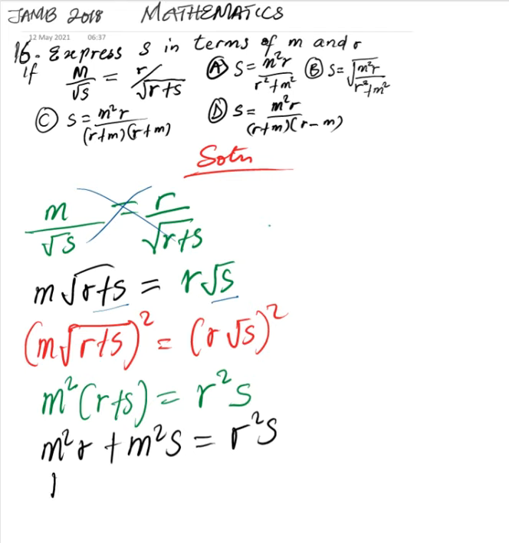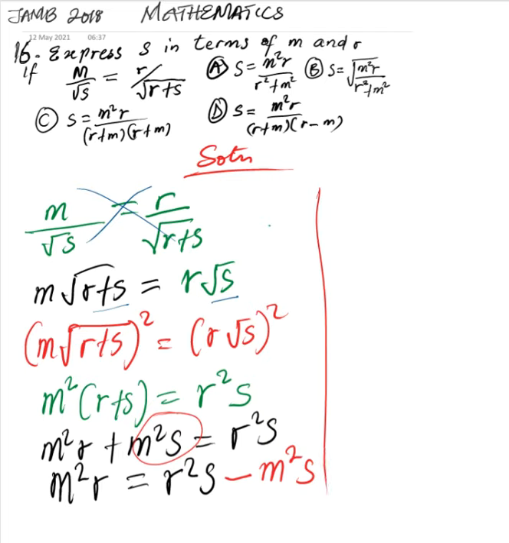So we have M squared R equal to R squared S, and as this crosses the equation sign, it is going to be negative M squared S.